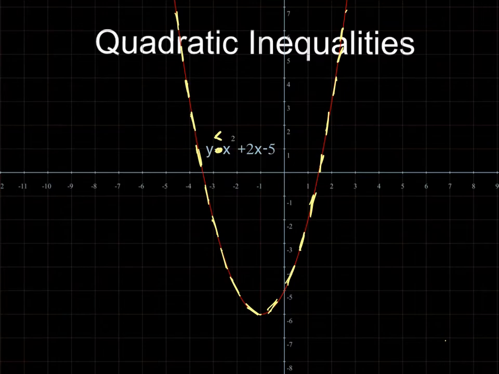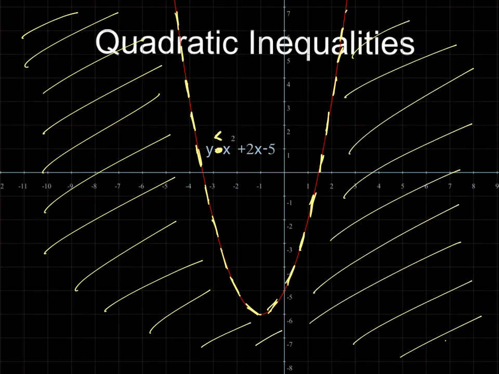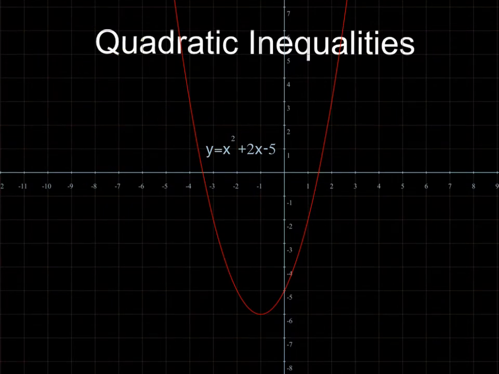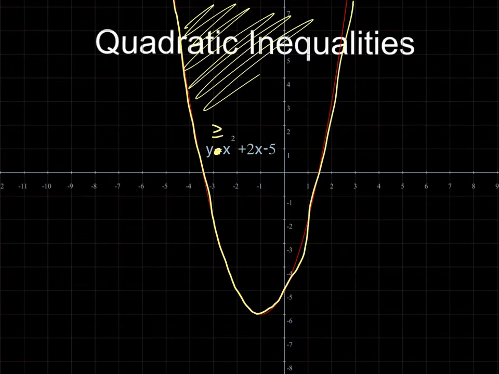Now underneath this parabola is kind of more like around the outside edges of it, but it's below the parabola and it's everything up and down the left and right sides. But this is an example of a graph of a quadratic inequality. And what if I had, instead, greater than or equal to, then I'm going to have the solid parabola, the same place as it was when it was an equation, and I'm going to shade everything inside.